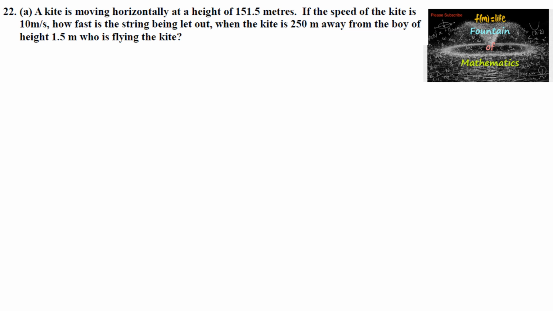A kite is moving horizontally at a height of 151.5 meters. So we can say there is a kite at a height of 151.5 meters from the ground level.